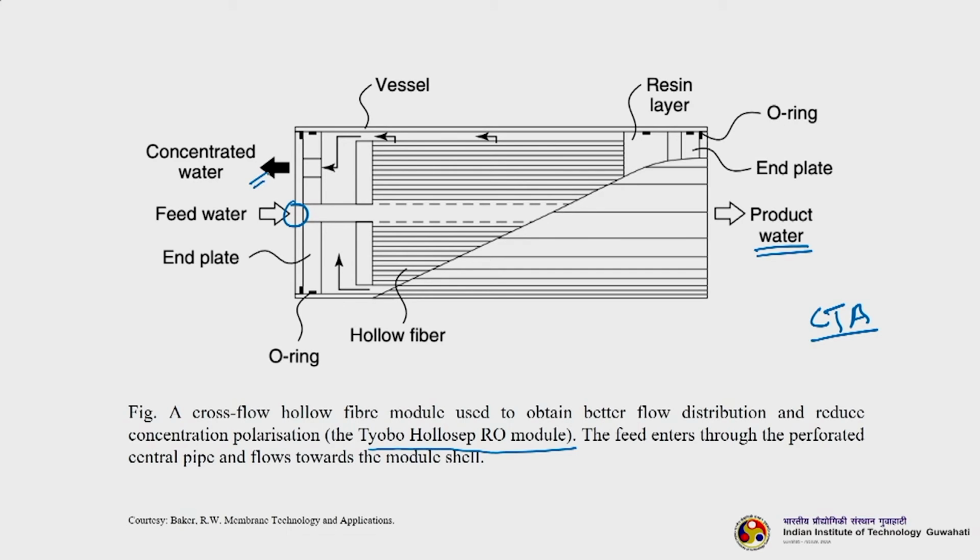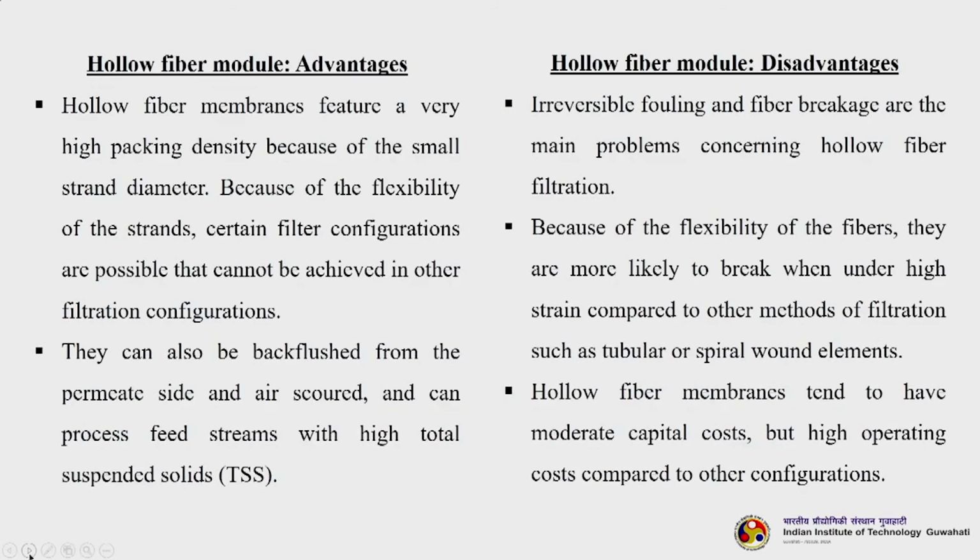This particular Toyobo hollow fiber RO module is very famous for two things. One is very good chlorine resistance as well as extremely good biofouling properties. So, let us understand the advantages and disadvantages of the hollow fiber systems.